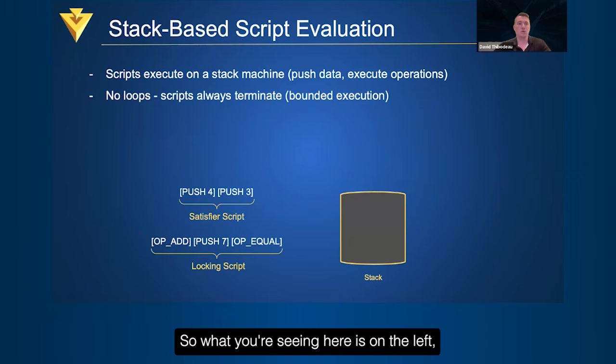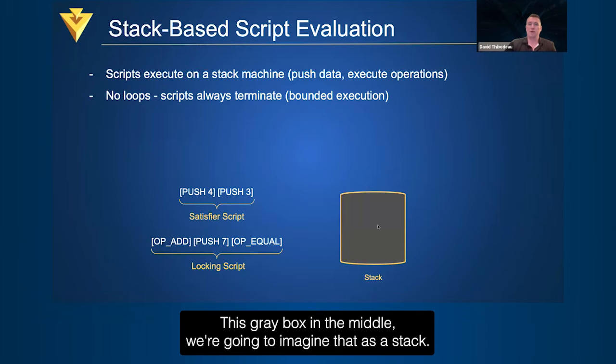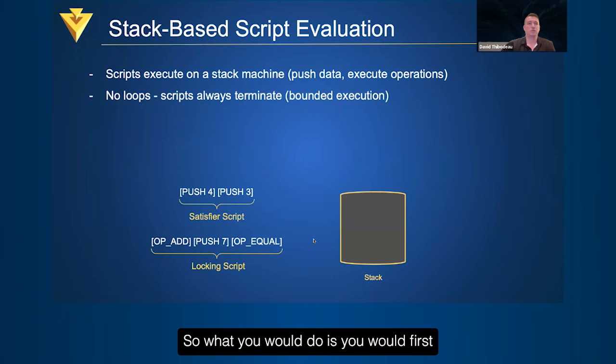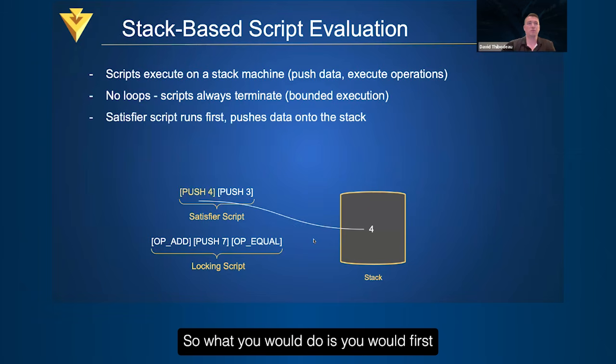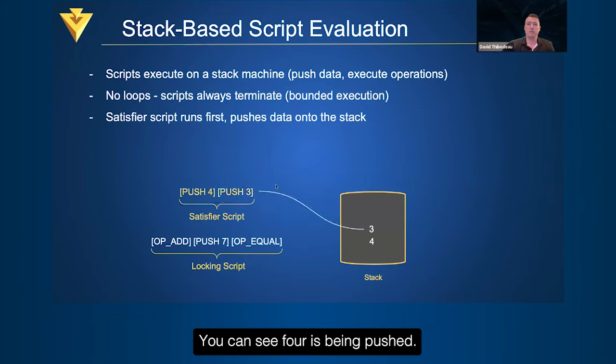So what you're seeing here is on the left, you have a satisfier script and a locking script. This gray box in the middle, we're going to imagine as a stack. So what you would do is first run the satisfier script. It would push that data onto the stack. You can see 4 is being pushed, next 3 is being pushed.